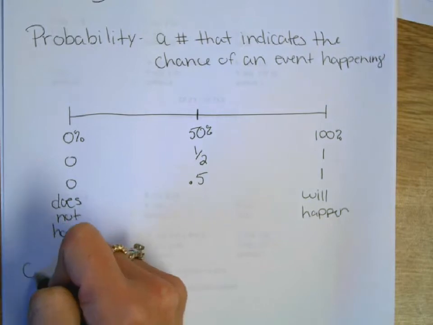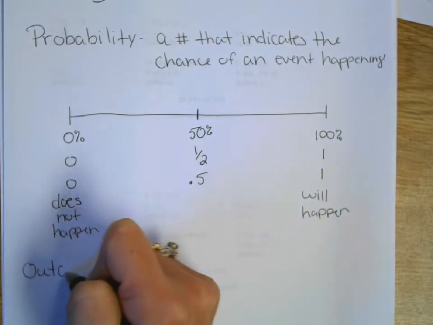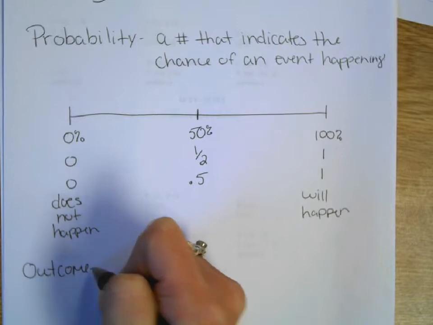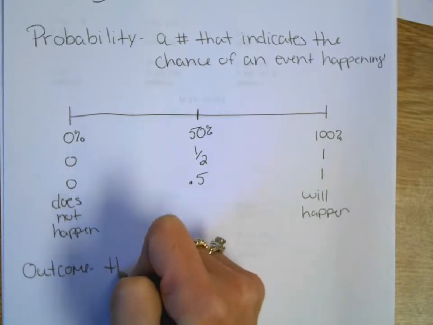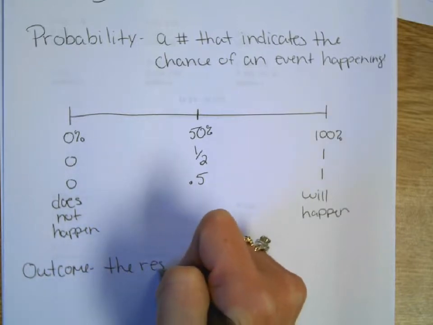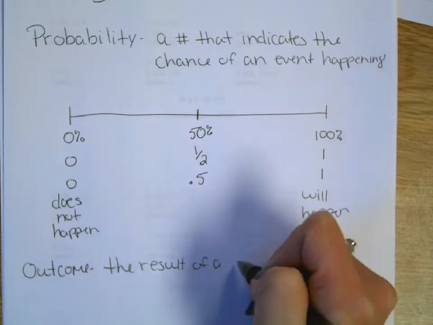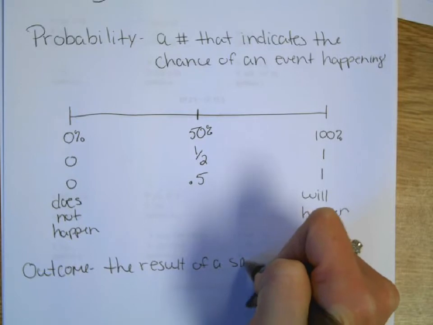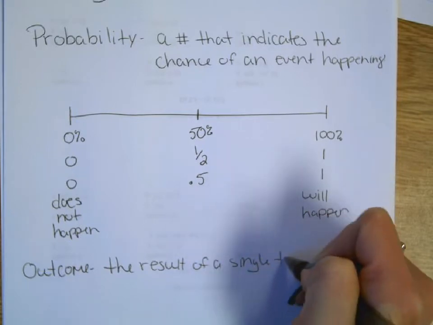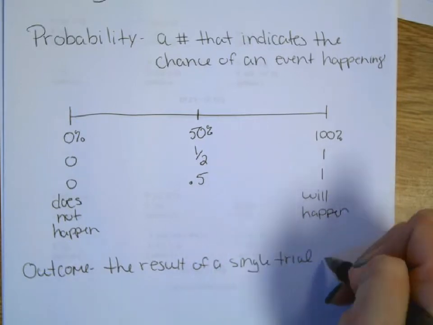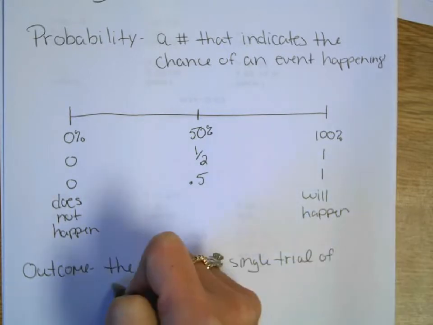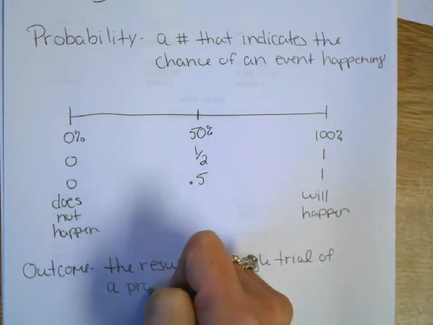Okay, lots of vocabulary to get out of the way. First one is outcome. An outcome is the result of a single trial of a probability experiment.